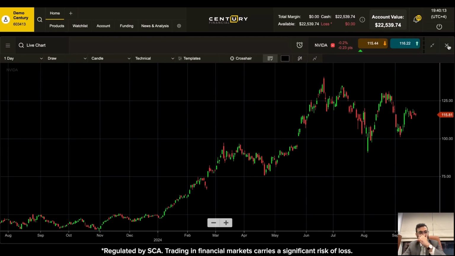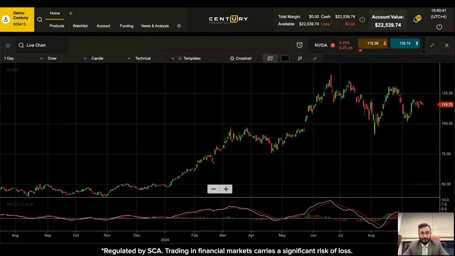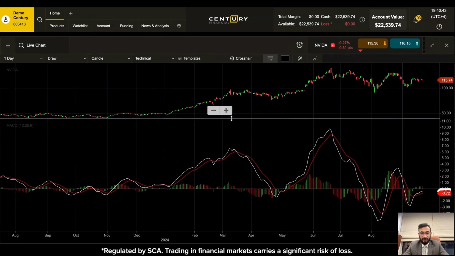Let's say, since you're taking the example of this stock, click on technical, click on MACD right here. If you see 12, 26 right here, click on save, and let's understand here.